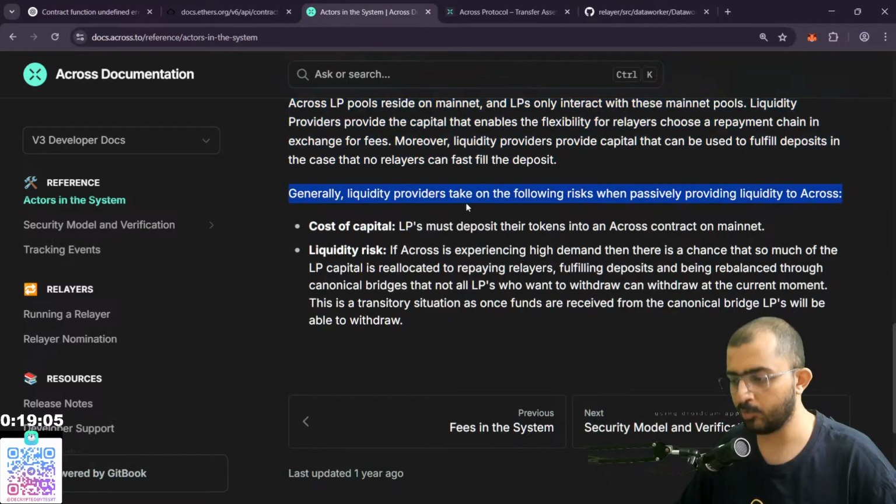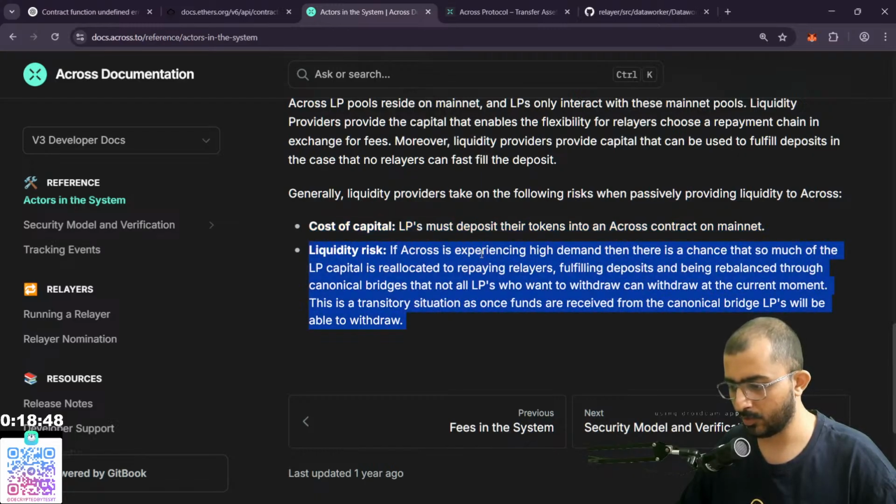Generally, LPs take the following risks when providing liquidity to Across. Cost of capital: LPs must deposit their token into the Across contract on mainnet.